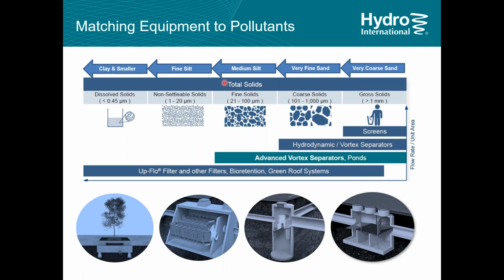As we move down to the medium silts, we're starting to really push the limits of where vortex separators can go, and then we start to look at larger ponds or filter systems. And once you drop into this fine silt range and lower, you're really looking at bioinfiltration, infiltration systems, and advanced filter systems.